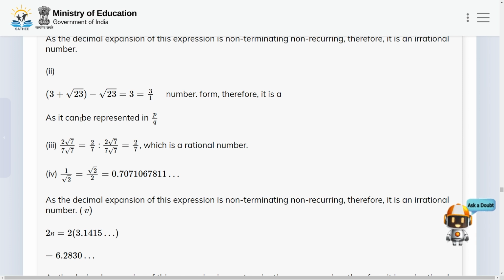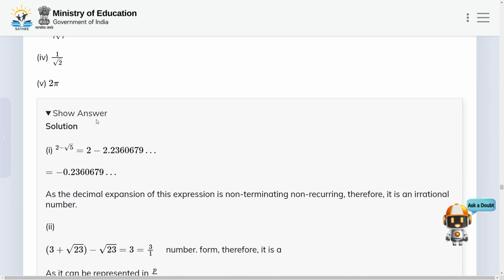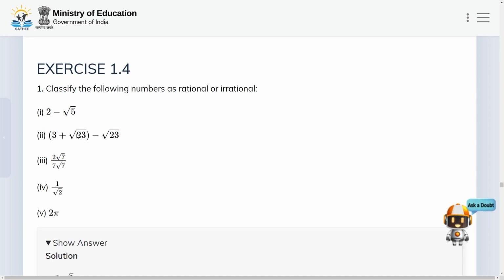Now this number is of the form p over q, where p, q are integers and q does not equal 0. Therefore it is a rational number. So this number is a rational number.